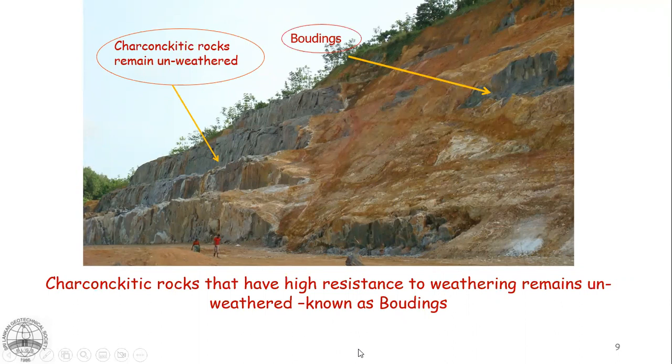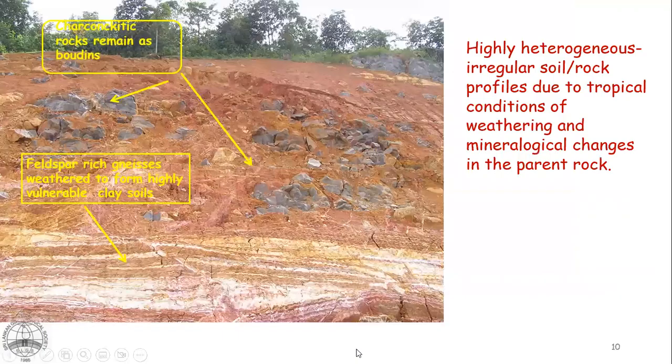Such highly heterogeneous conditions with abrupt changes are quite common in Sri Lankan slopes. In this section, again in the same Southern Expressway cutting, you have charnockitic rocks embedded in a matrix of lateritic soils formed by weathering of gneissic rocks.